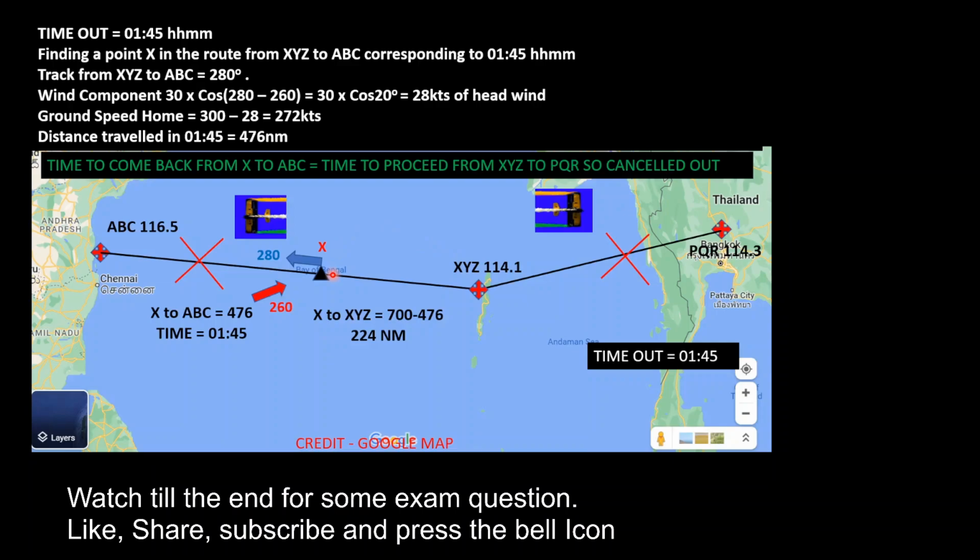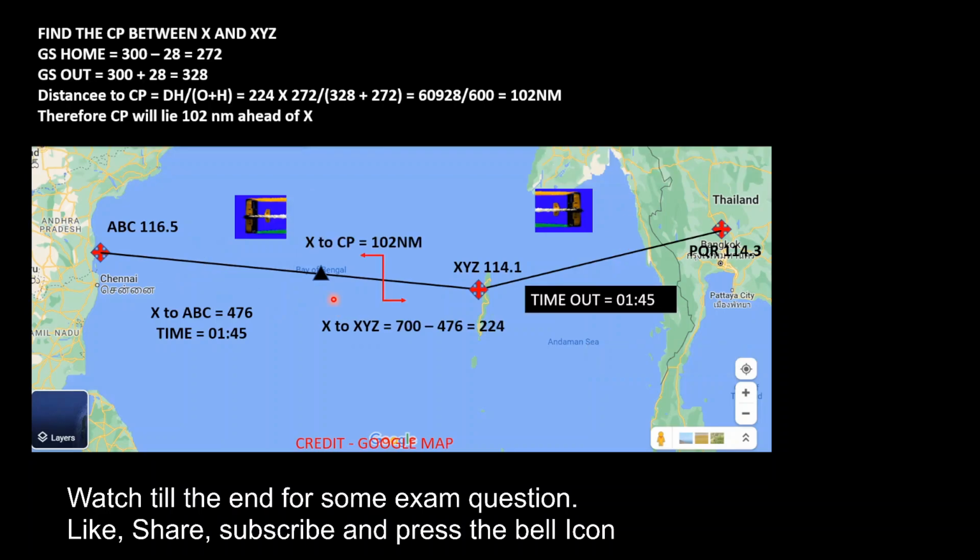I repeat, since it takes 1 hour 45 minutes from X-ray to come back to Chennai, and from XYZ to PQR 1 hour 45 minutes, these two legs can be neglected, and we can consider that my CP will lie between these 2 points. Now the problem is simple. It is as good as solving the CP or the equitime point on a single leg.